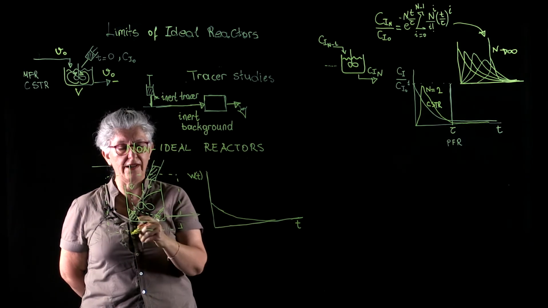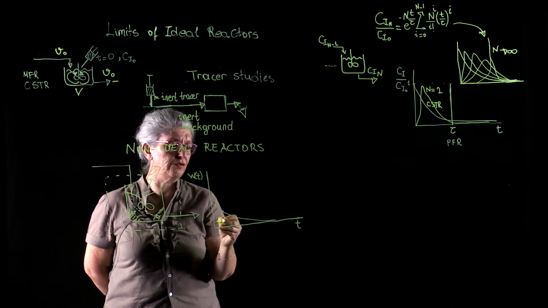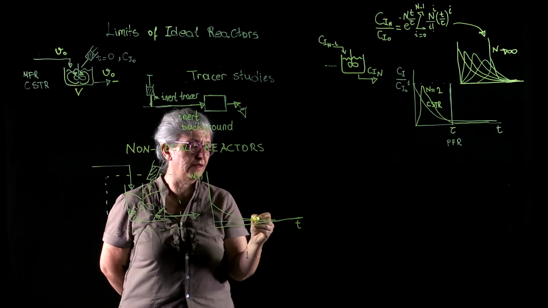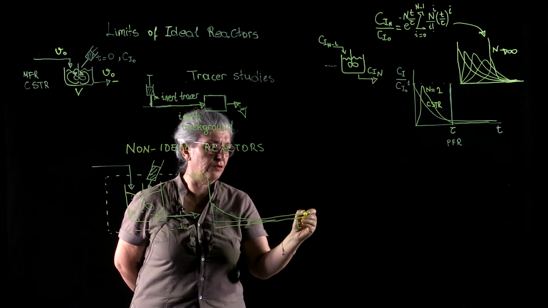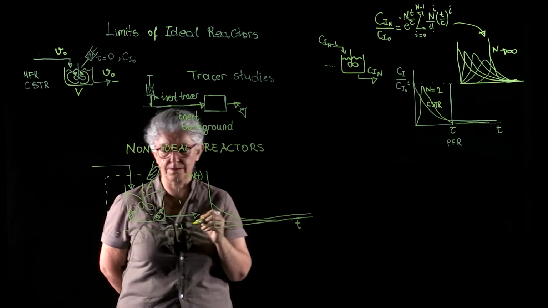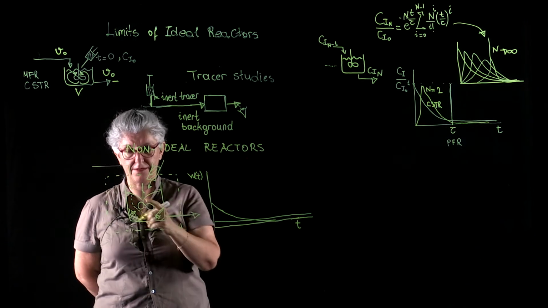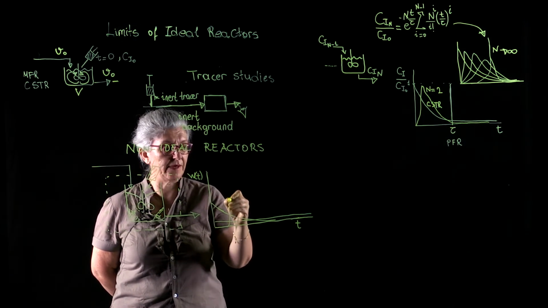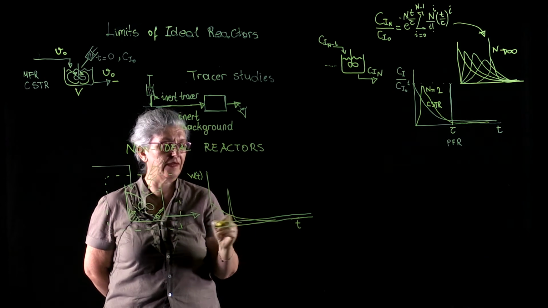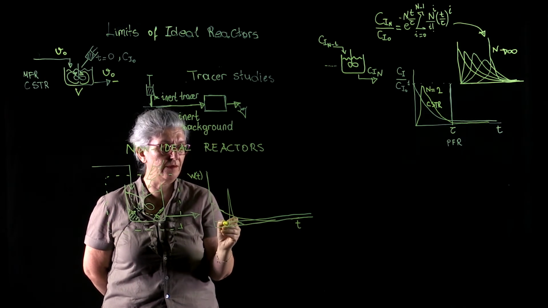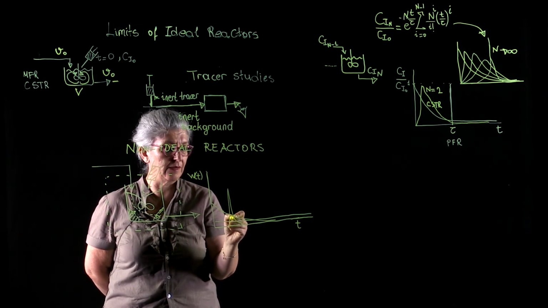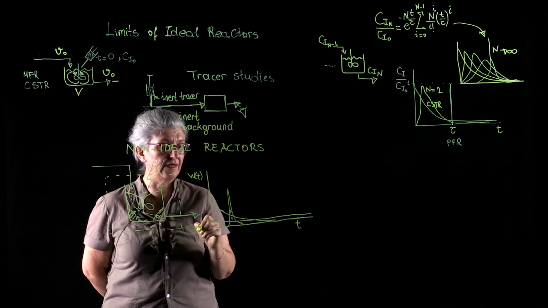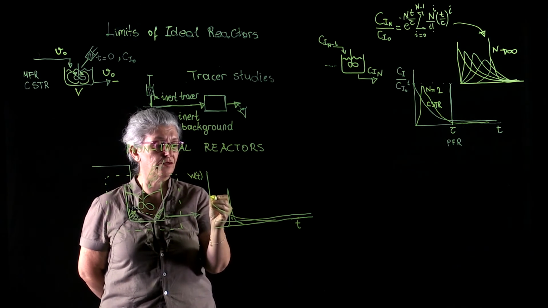We're going to have a very, very long tail for a dead zone. And then we are going to have a sharp bypass which behaves like a plug flow reactor. So add them up, this plus this plus this, our function should look like this.